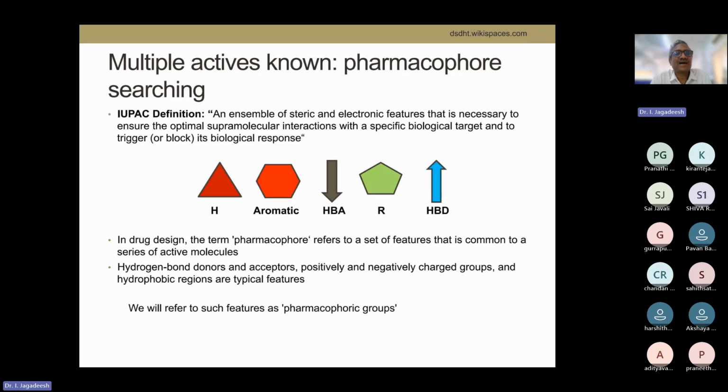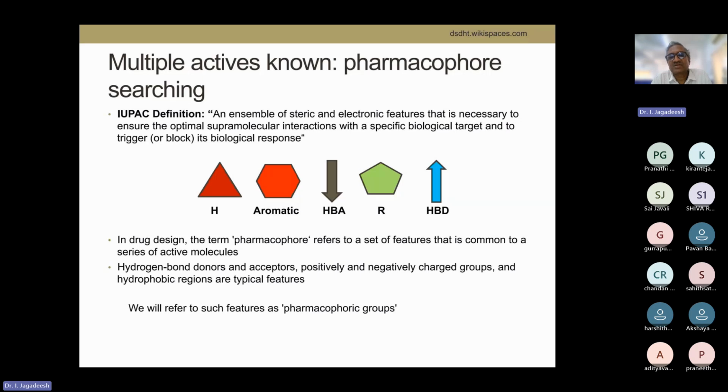We need to have this pharmacophore searching, where the compounds are chemically dissimilar, but pharmacologically and biologically the same. So this is where we are going to have different shapes assigned.